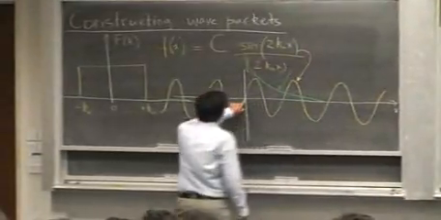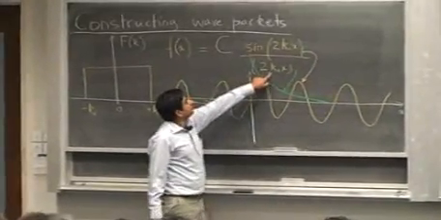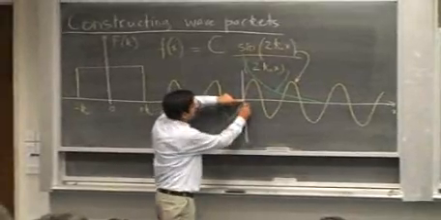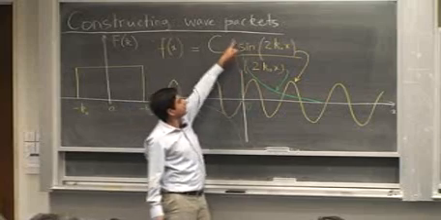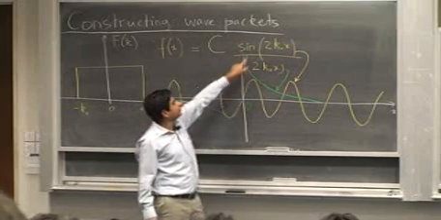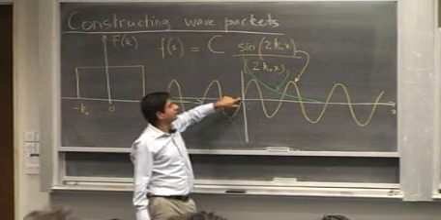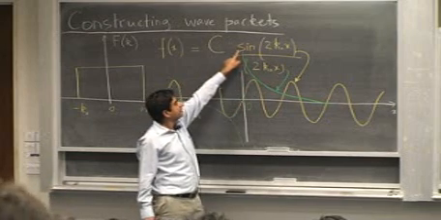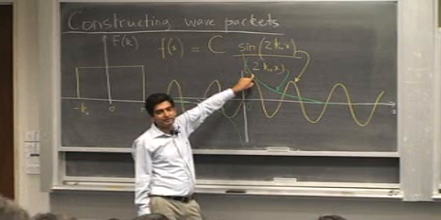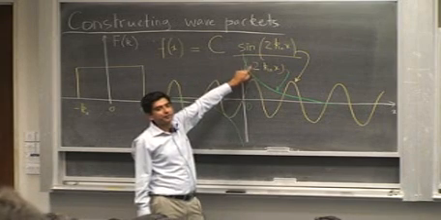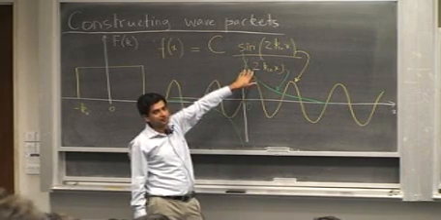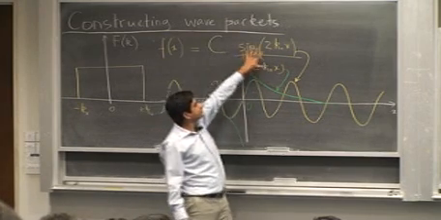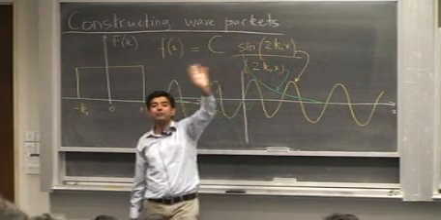And remember, what's the value of 1 over x at x equals 0? It's infinity. This graph is going to infinity. And what's the value of the numerator? It's 0. So at x equals 0, you have 0 over infinity. This is undefined. So you would have to look at the limiting value and apply L'Hopital's rule. The value of this function at x equals 0 has to be equal to 1.